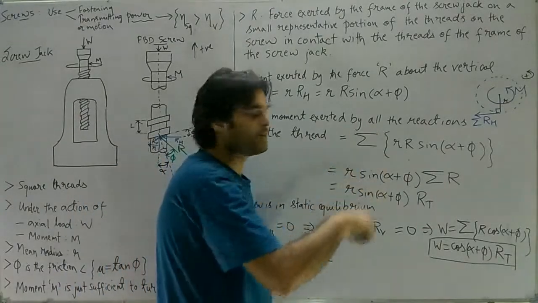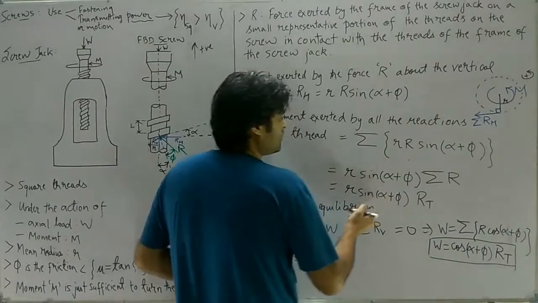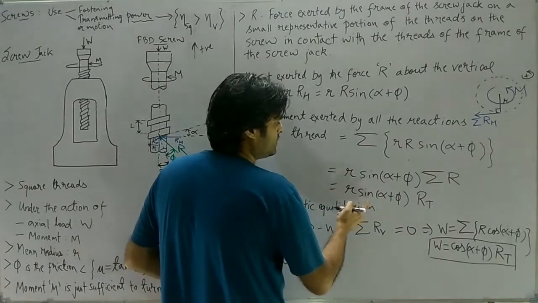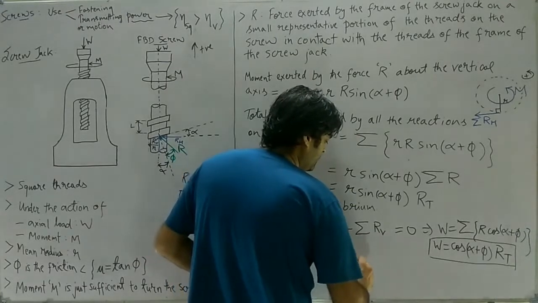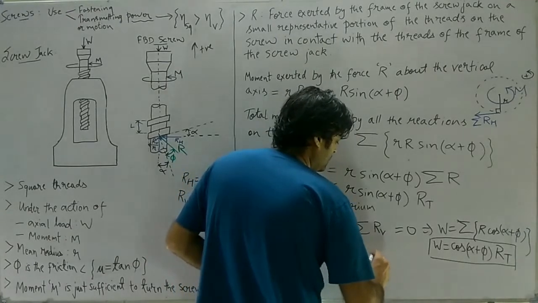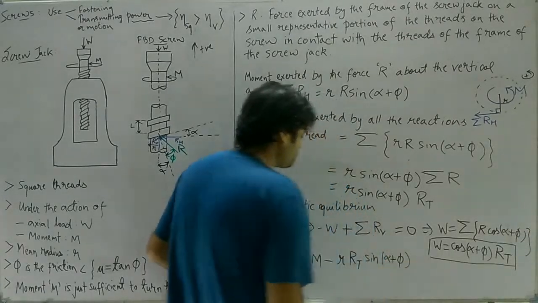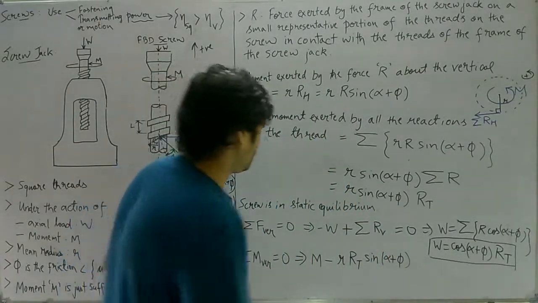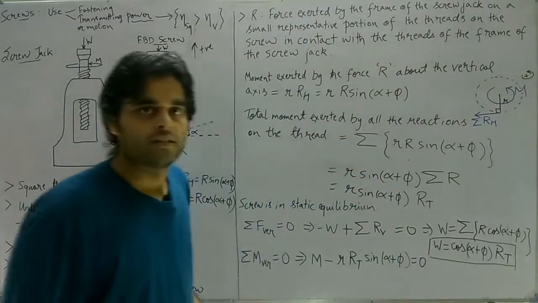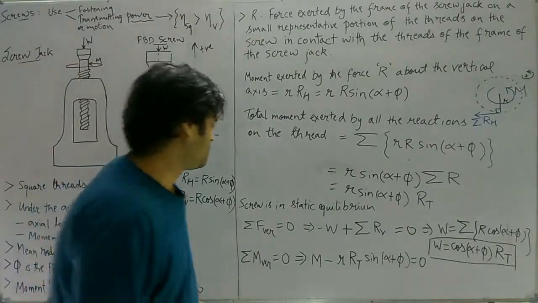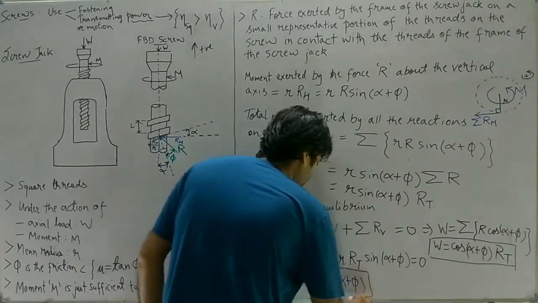It is clockwise, so it will be minus. What is the moment? r into RT sine(alpha plus phi). So this should be equal to 0 as the screw is in static equilibrium. So this is another equation we obtain.